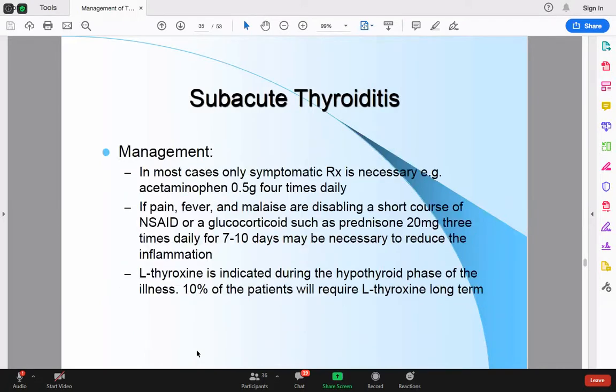It's basically managing the symptoms, okay? You give Tylenol, you try an NSAID. Sometimes you end up giving steroids if it is just too tender for them, as an anti-inflammatory medication. And when they flip to the hypothyroidism phase, you may end up giving them levothyroxine to replace their thyroid hormones.